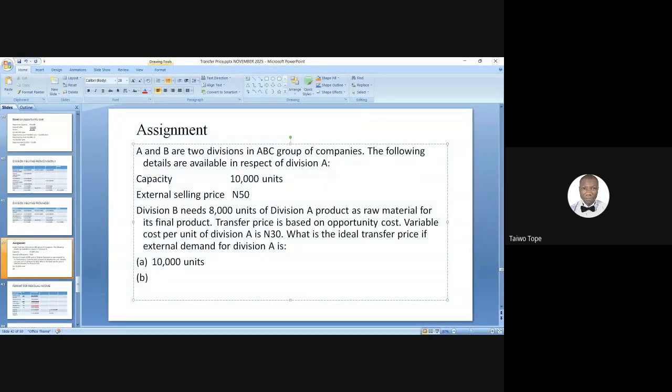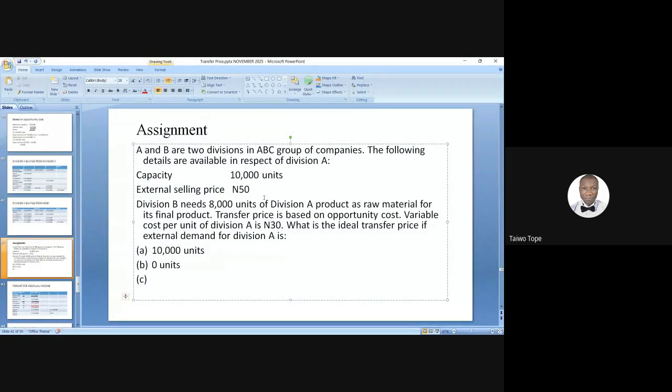If external demand is 0 units? If external demand is 6,000 units, what will be the ideal transfer price in this regard? Hope we are all together.